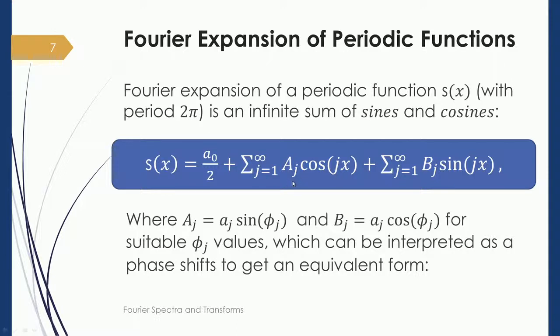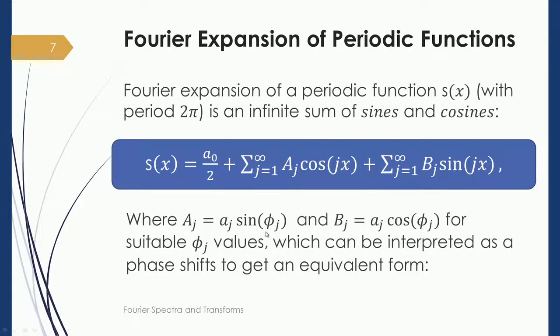And each of these sine and cosine terms themselves have coefficients uppercase A sub j and uppercase B sub j, and uppercase A sub j is equal to lowercase a sub j times sine phi j, and similarly uppercase B sub j, notice, is equal to lowercase a sub j times cosine phi j.